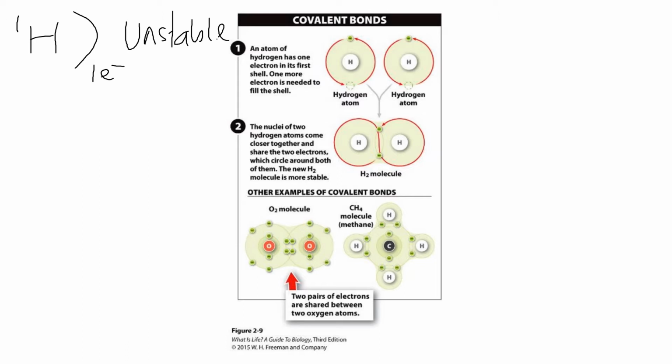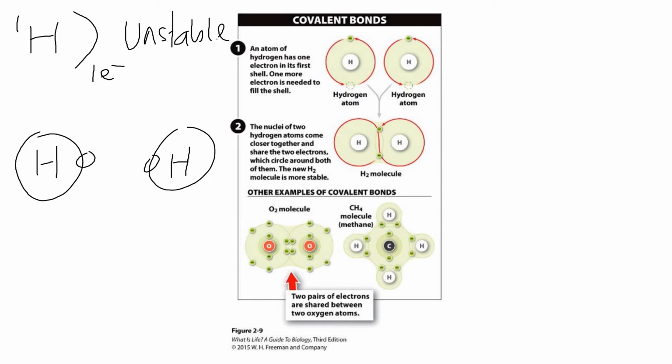If you have, let's say, 2 hydrogens around, let's draw the electron shell. Here is the hydrogen with its electron. I'm just going to note it with a circle right here in its electron shell. And let's say there is another hydrogen with its electron right here. Both of these hydrogens on their own are unstable because their electron shell is not completely filled up.